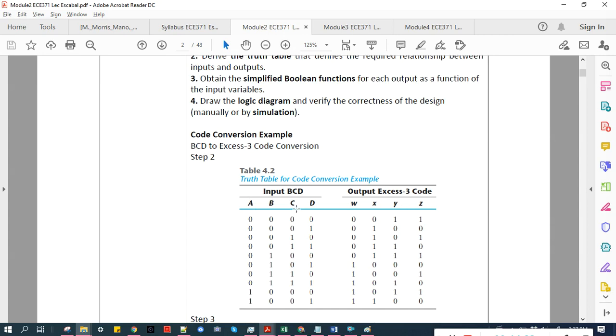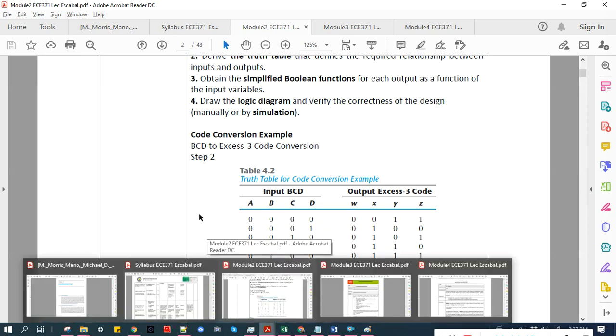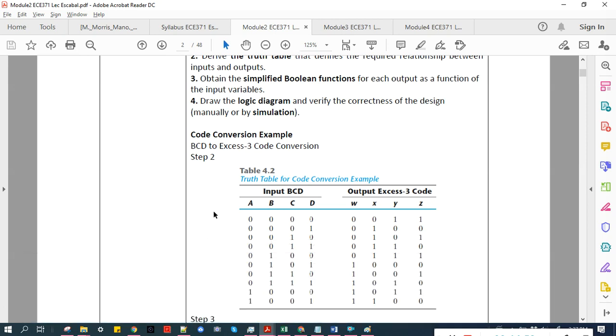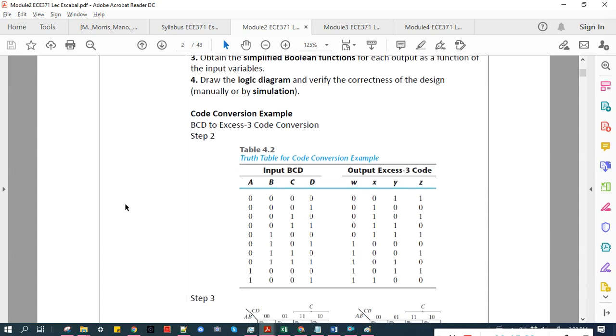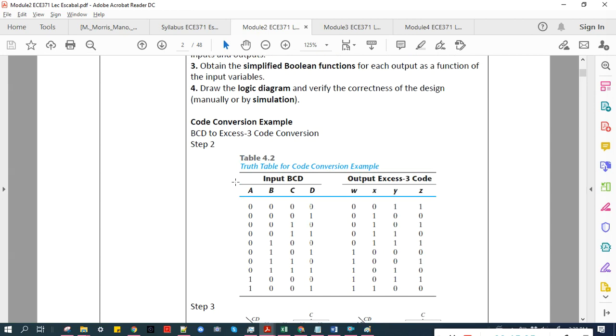Our input is BCD, so this is a 4-bit BCD. We know that a BCD, or binary coded decimal 8421 code, these are the codes: 0, 1, 2, 3, 4, 5, 6, 7, 8, 9. It is the same as binary.